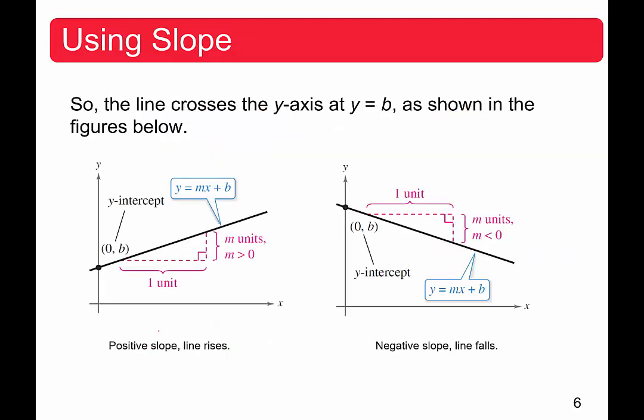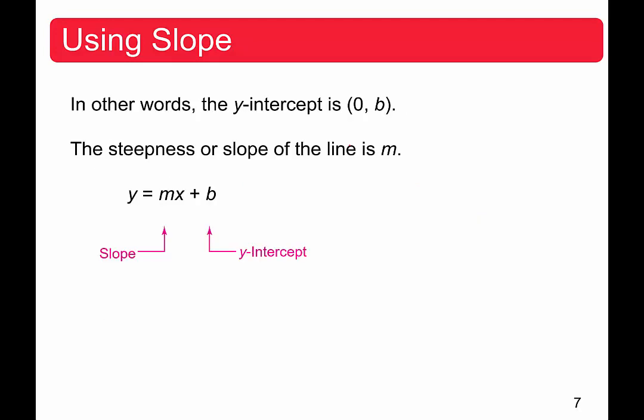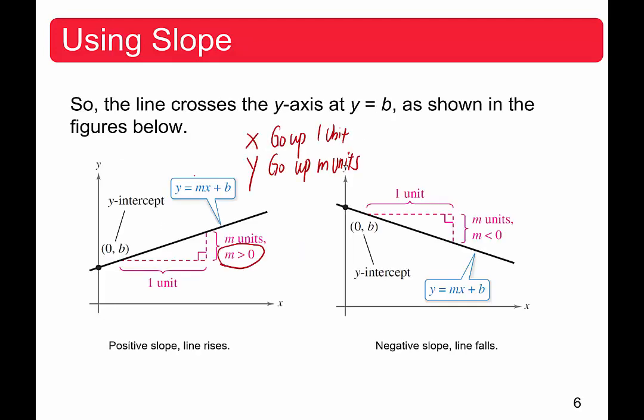And graphically speaking, the way we interpret slope is, when the x value goes up by 1 unit, then if the slope is positive, the y value will go up m units. That's how we interpret the slope on a graph.